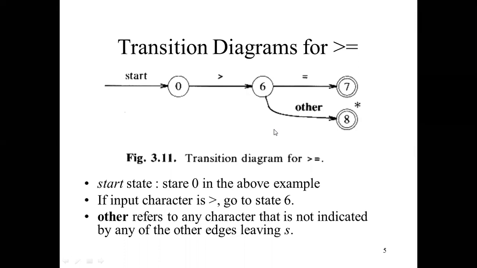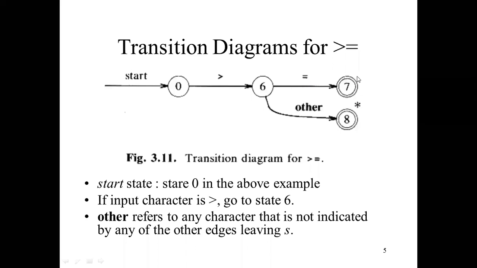So this is called the complete transition diagram for the token greater equal. Whenever in the examination anybody asks you to draw the transition diagram for greater equal, you can draw it easily. This is the starting state, and this is the next state for a single symbol greater, and then in the next state you will receive the equal sign.